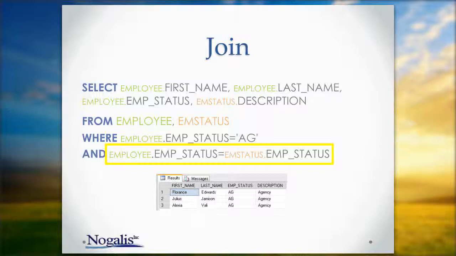And I'm saying where, from my employee table, and that's where you see in this yellow rectangle here, I've said employee.mStatus equals emStatus.mStatus, meaning the status of the employee is the same as the status code on the emStatus table.